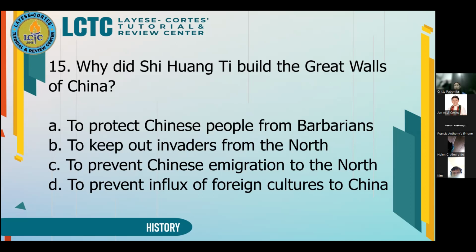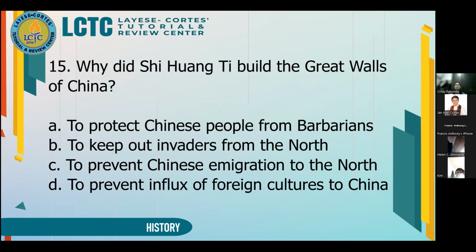It's not that long at the start, because it encompasses 9 dynasties after Shi Huangdi. Imagine 9 dynasties, 9 emperors passed, and every dynasty extended the Great Wall of China. That's why it is that long now.